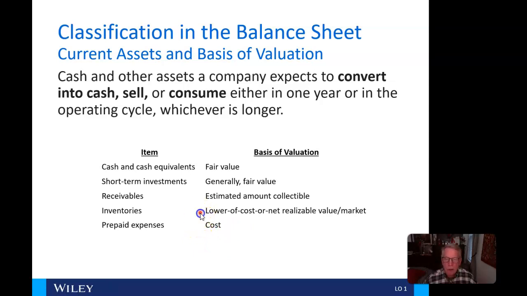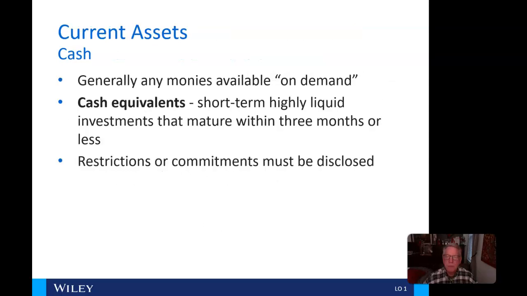And then in inventory, we use a lower of cost or market or net realizable value or market to determine what our inventory is reflected at on the balance sheet. And then prepaid expenses generally are reflected at what it costs us for that.